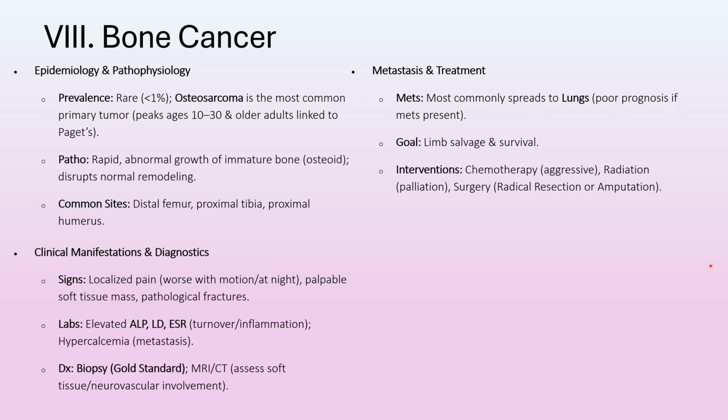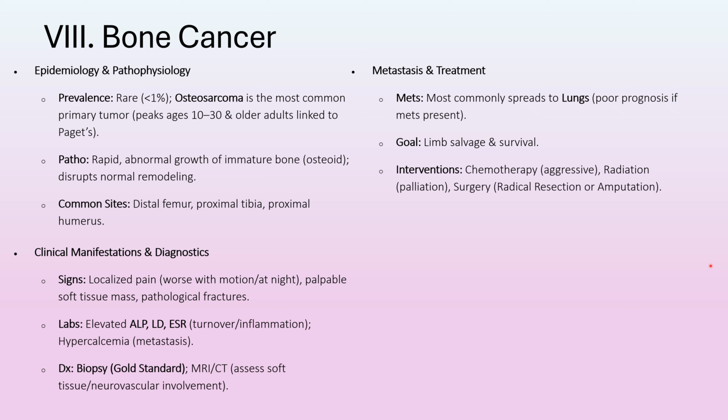We have radiation, of course, used if tumor is radiosensitive or for palliation, pain control. The primary goal of medical management is to destroy or remove the tumor, which can be accomplished through radiation therapy, chemotherapy, and surgical resection.